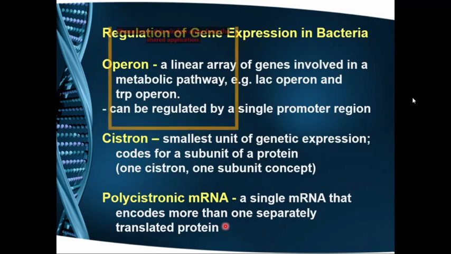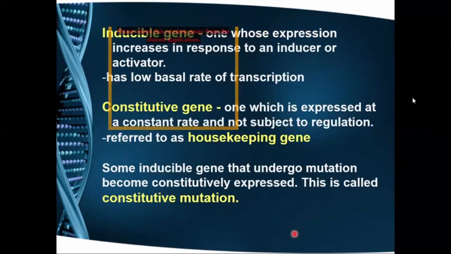And where do you find this kind of polycistronic messenger RNA? Bacteria, prokaryotes. How about we humans? What do we have? Monocistronic. One.